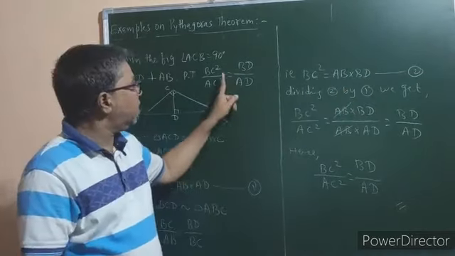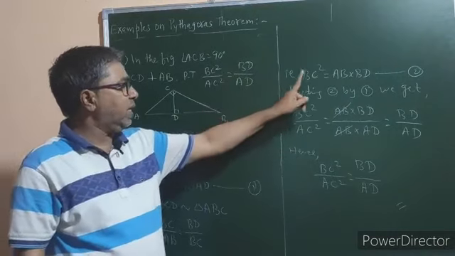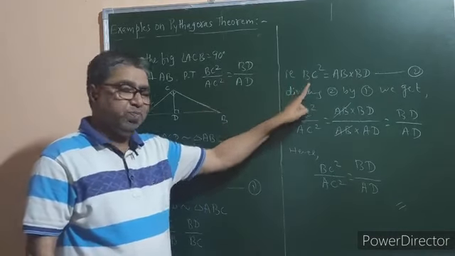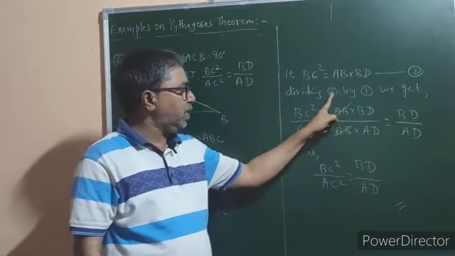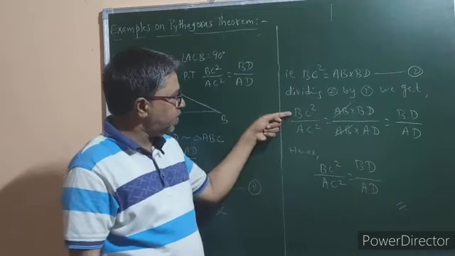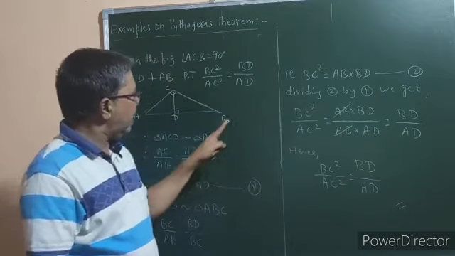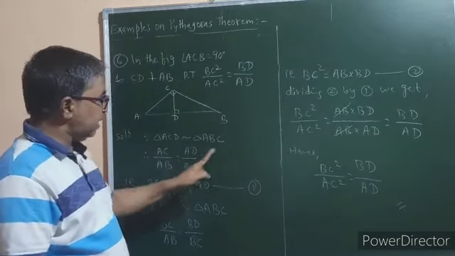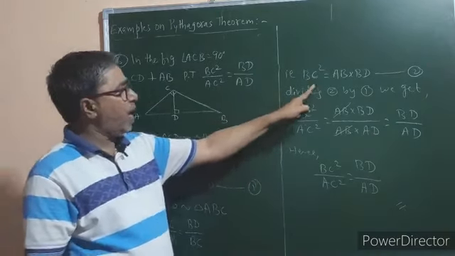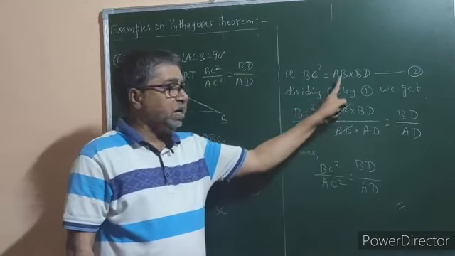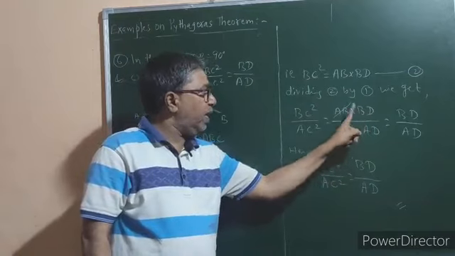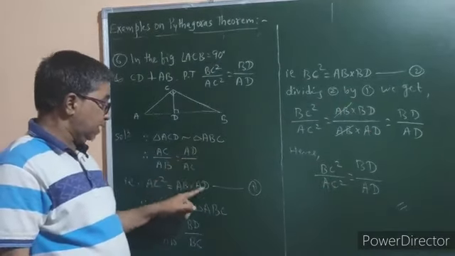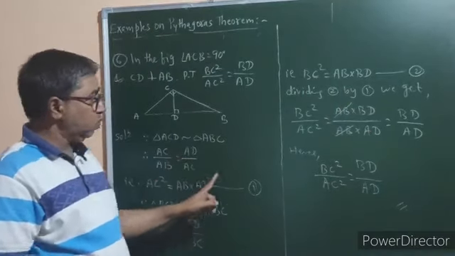Now to get this format, we have to divide equation 2 by equation 1. So dividing 2 by 1, we get BC square upon AC square, the LHS of equation 1, is equal to the RHS of equation 2, AB into BD, divided by the RHS of equation 1, AB into AD.